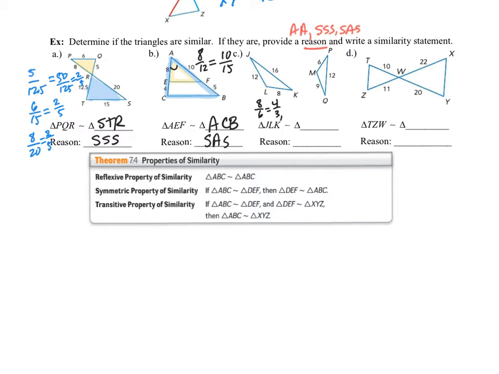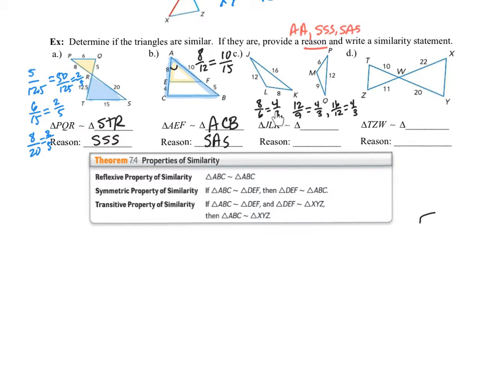Then let's compare the middle sides. That would be 12 to 9. If I reduce that ratio, 12 to 9, there's a common factor of 3, so that would reduce to 4/3. And then if we take the ratio of the largest sides, that would be 16 to 12. If we divide out that common factor of 4, it also reduces to 4/3.